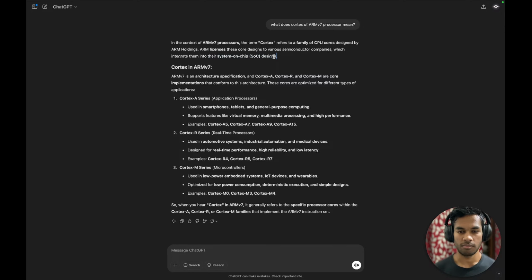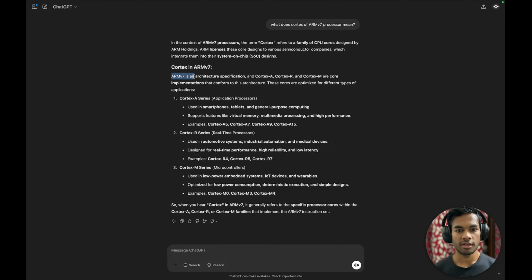And that design is a system on chip design. That is, the whole system is on the chip: the processor, RAM, GPU, everything is on a single chip, except, of course, peripheral devices and external secondary storage.